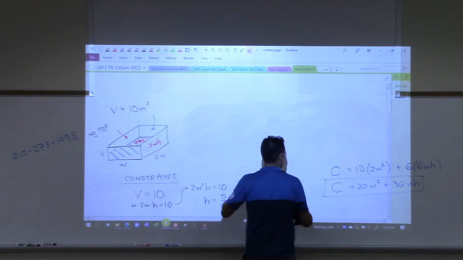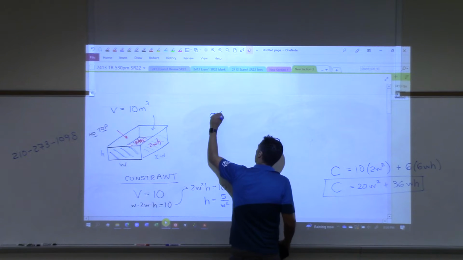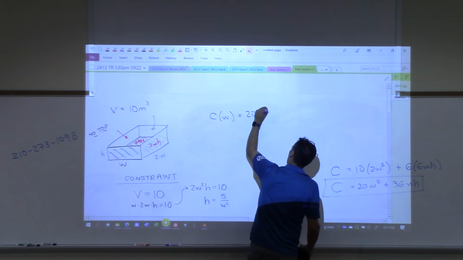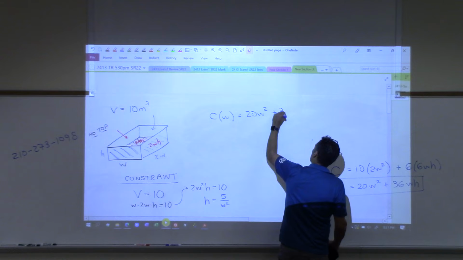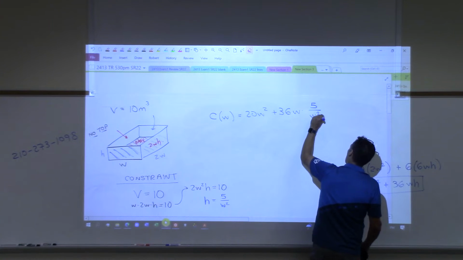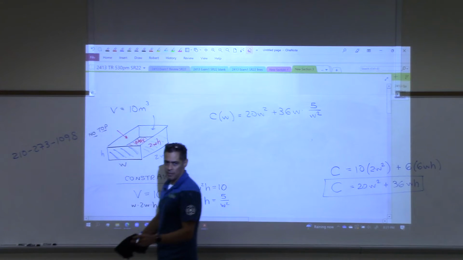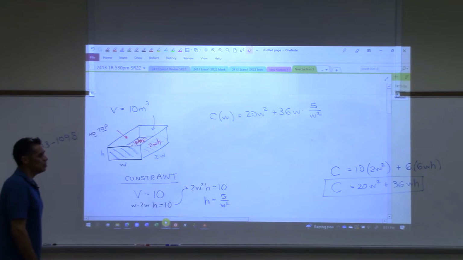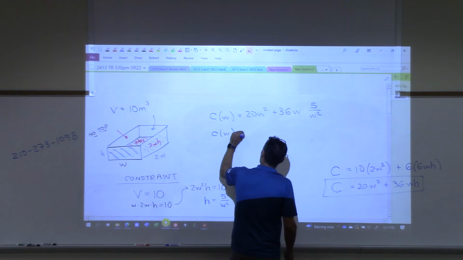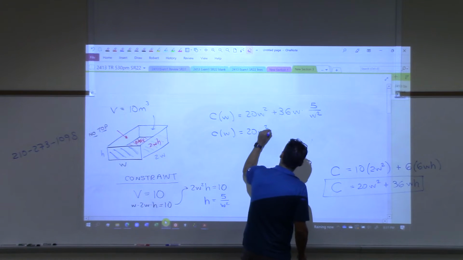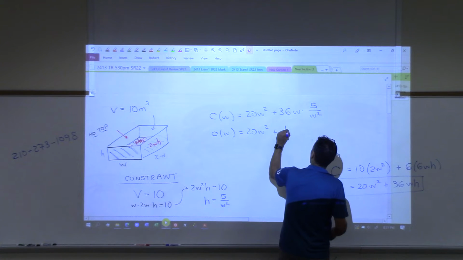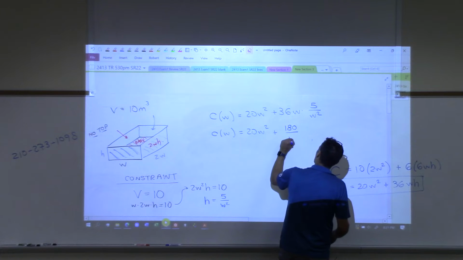So my cost is now a function of just W. It is 20W squared plus 36 times W times 5 over W squared. Just replacing the H with 5 over W squared. And that should clean up a little bit. 20W squared plus 180 over W.